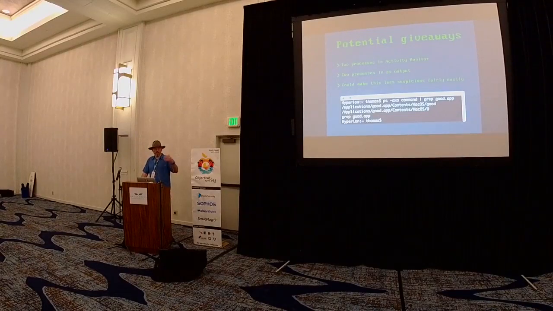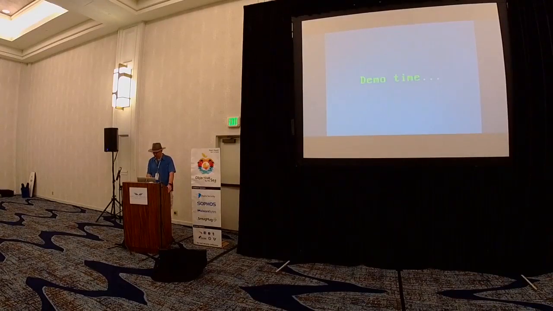As has been talked about in previous talks, you see some single letter process, that's not normal. But what if I rename that to good helper? We've all seen these helper processes that are part of apps. Everybody knows about them. If I named it that, you'd just think, oh yeah, that app needs a helper process, and you wouldn't think any more of it.